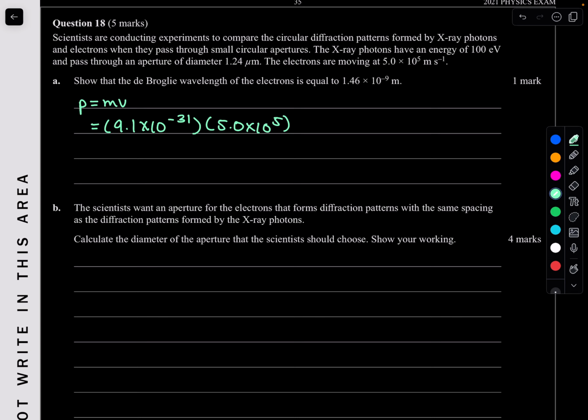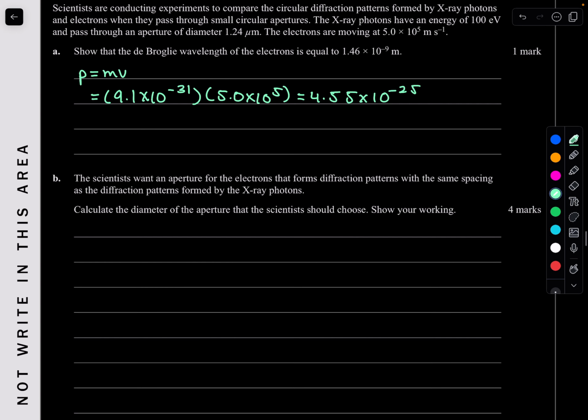So that's going to be 9.1 times 10 to the negative 31 times 5.0 times 10 to the power of 5. So that's overall 4.55 times 10 to the negative 25. And so we know that to calculate the de Broglie wavelength, it's h over your momentum.